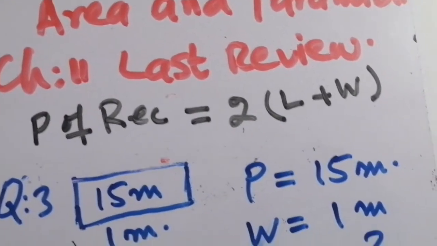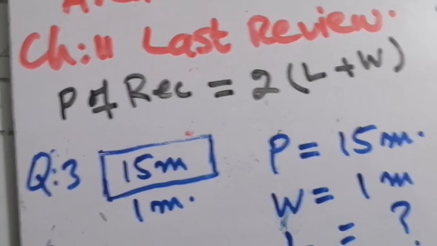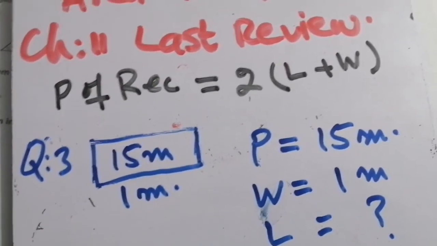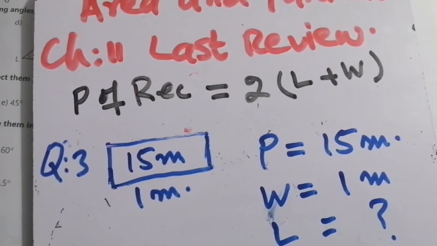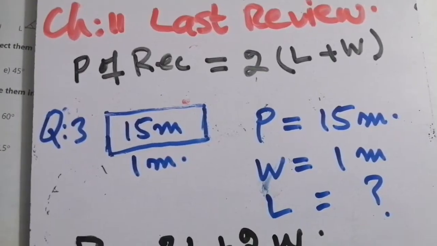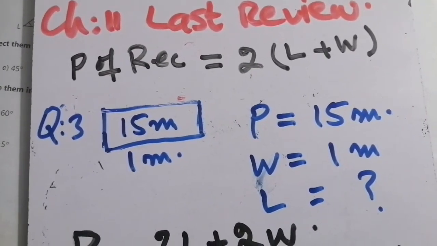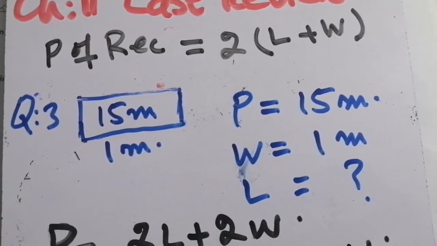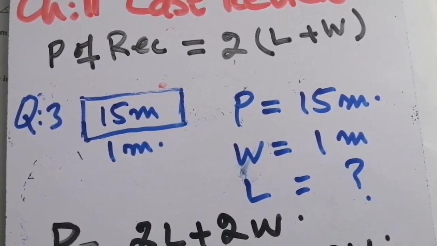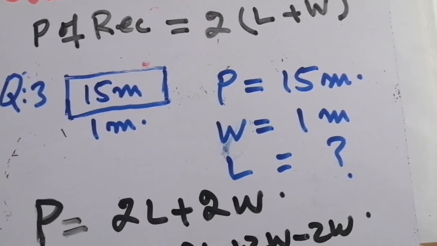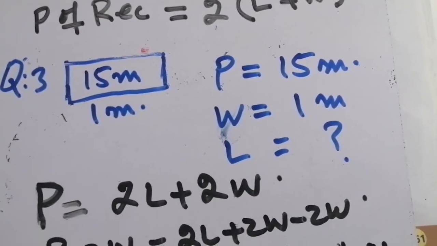We have to find out the length, whereas the value of perimeter and width is given. So P, the perimeter, is equal to 15 meters and width is equal to 1 meter. So we have to find out the length.